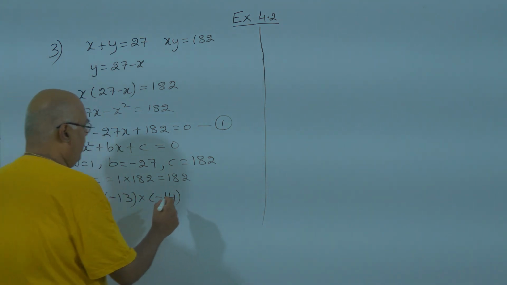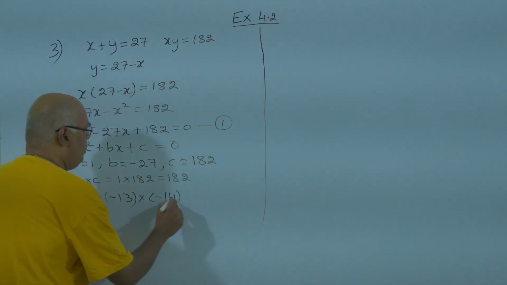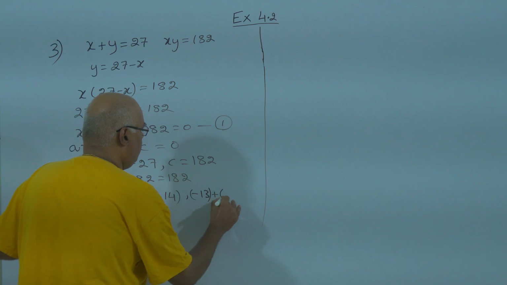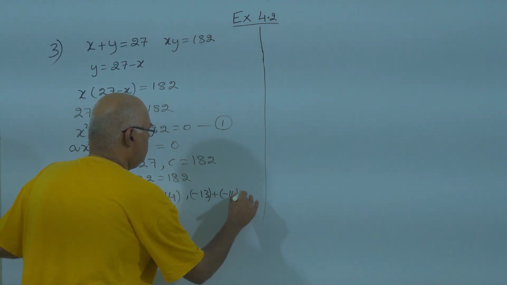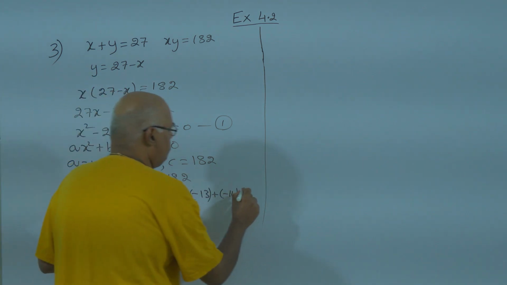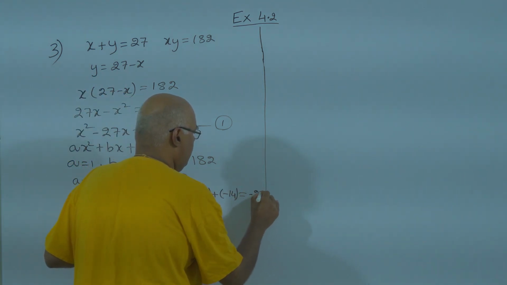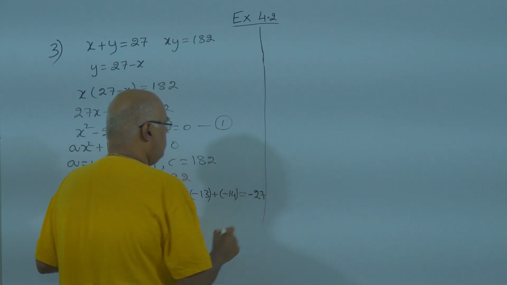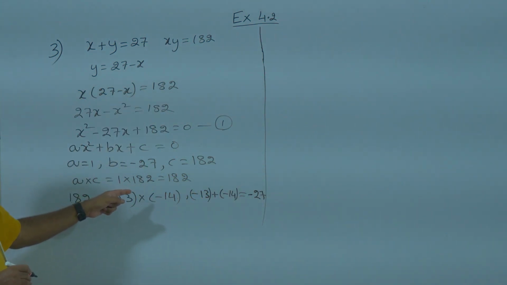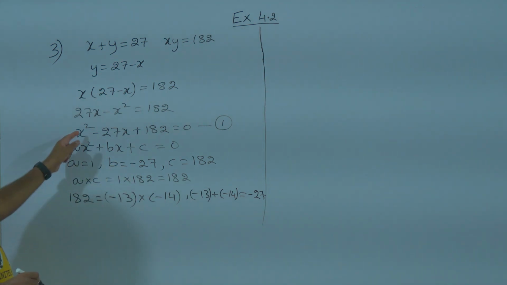Now if I add up minus 13 and minus 14, this is equal to minus 27. So when I am adding minus 13 with minus 14, I am getting minus 27, which is nothing but the value of b. So now I can factorize the equation 1.